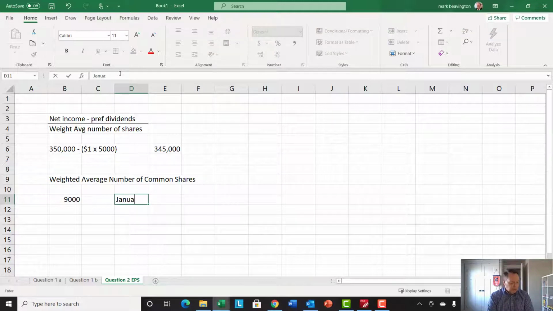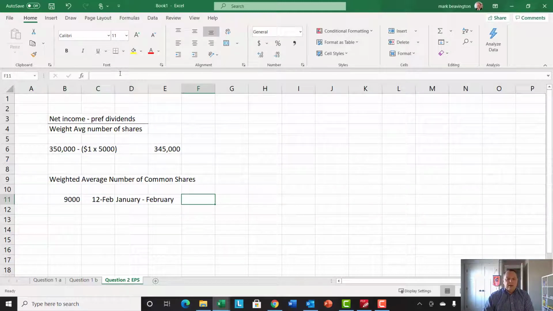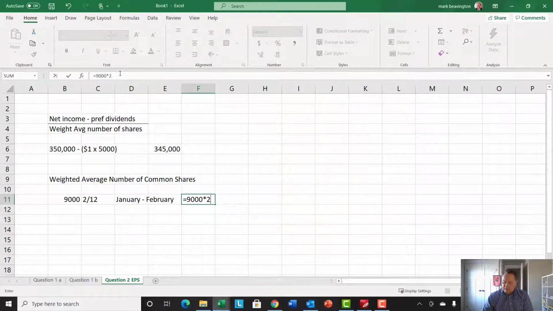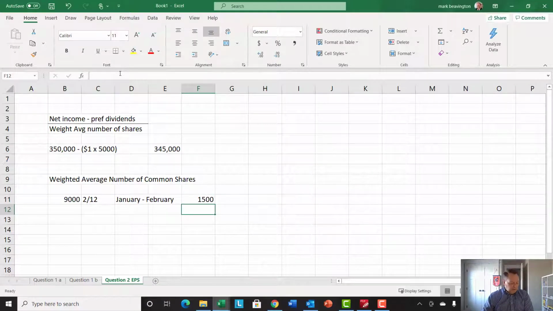Well, we had them from January until the end of February. So that's 2 months, or 2 12s. Let's do the math. It should be 9,000 times 2 divided by 12, 1,500.